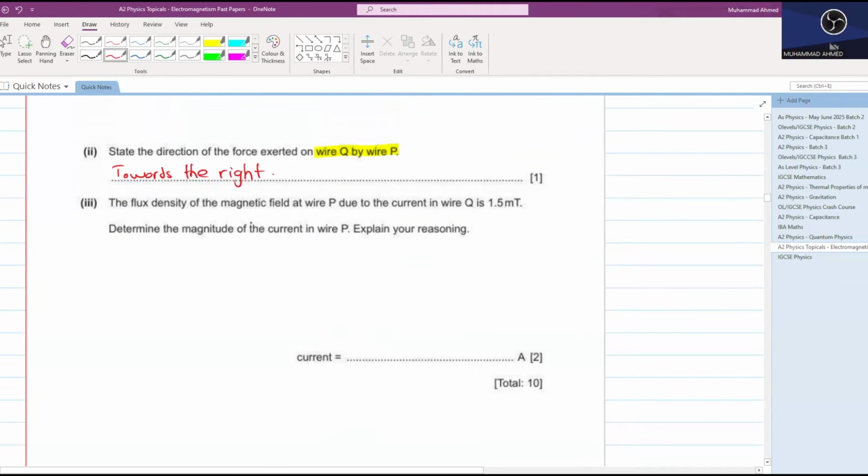The magnetic flux density of the magnetic field at wire P due to the current in wire Q is this.